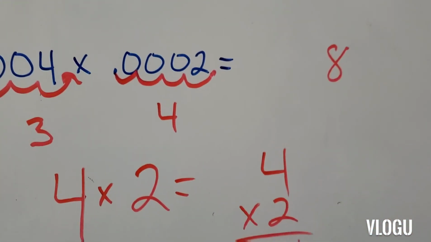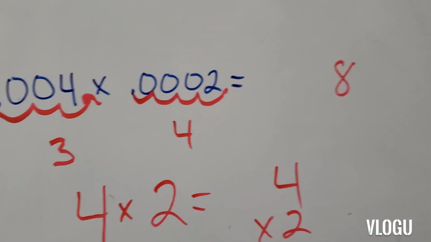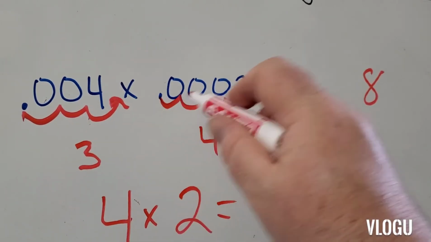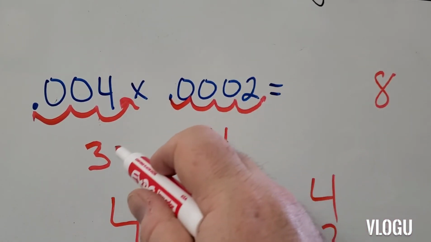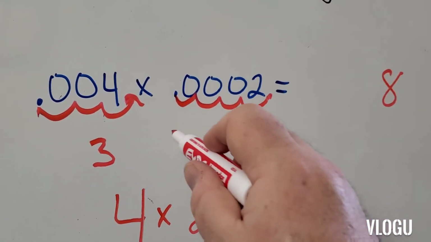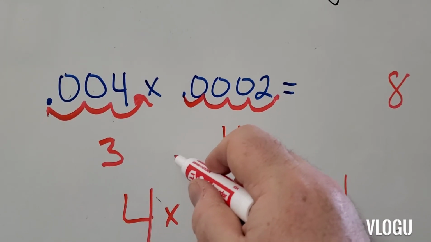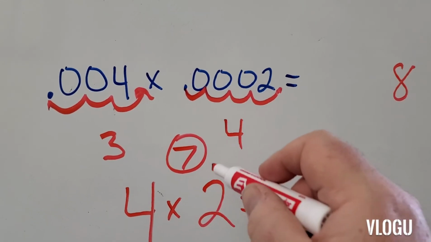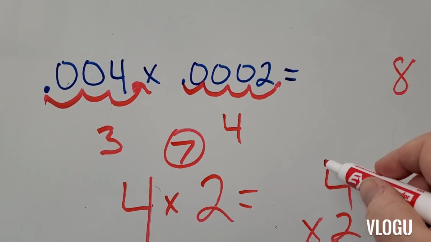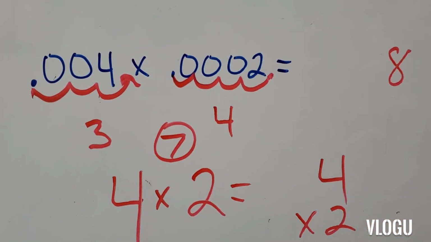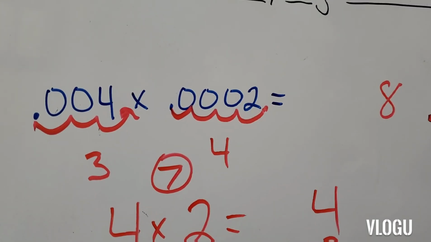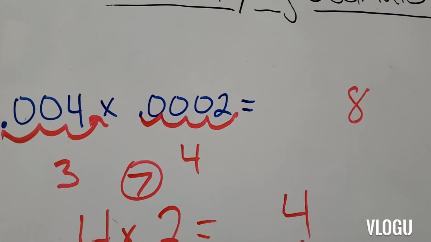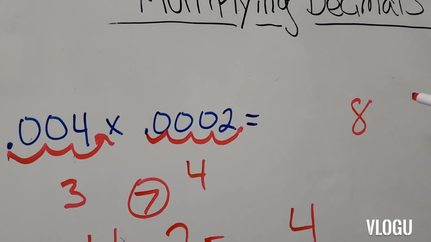So my answer is 8, except I have removed my decimal by blooping a total of 3 plus 4, 7 steps. I danced 7 steps to the right. So now I have to dance 7 steps back into my answer.